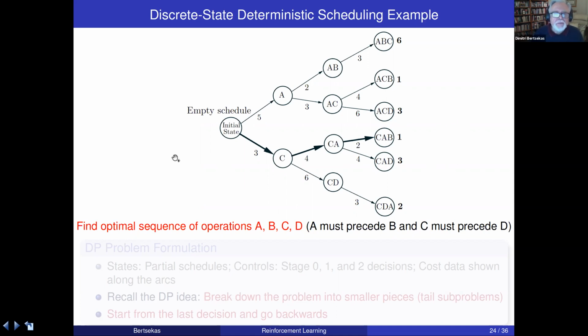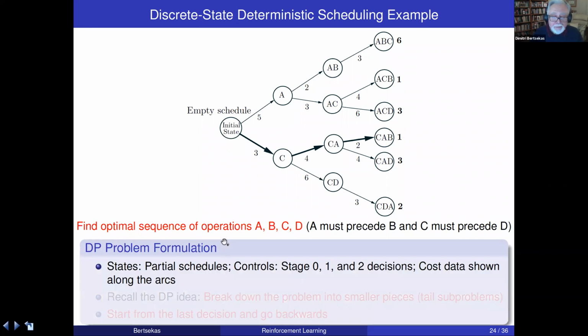Well, we do the following. We introduce partial schedules as our states. The initial state is just the empty schedule where we haven't scheduled any operation. Then the first control is the choice of the first operation to schedule. We can start with A or we can start with C. And that will give us a partial schedule consisting of a single operation.